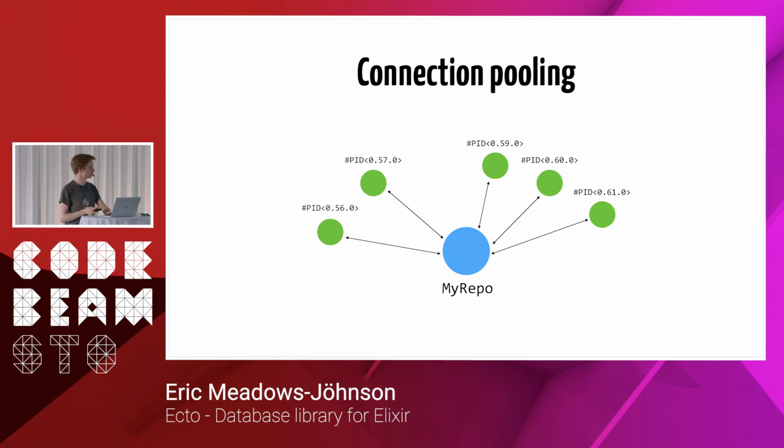So when the connection goes down, we handle that by just spawning a new process. And links are bidirectional, so that means that if the pool were to go down, we can also make sure that we clean up the connections in a nice way.